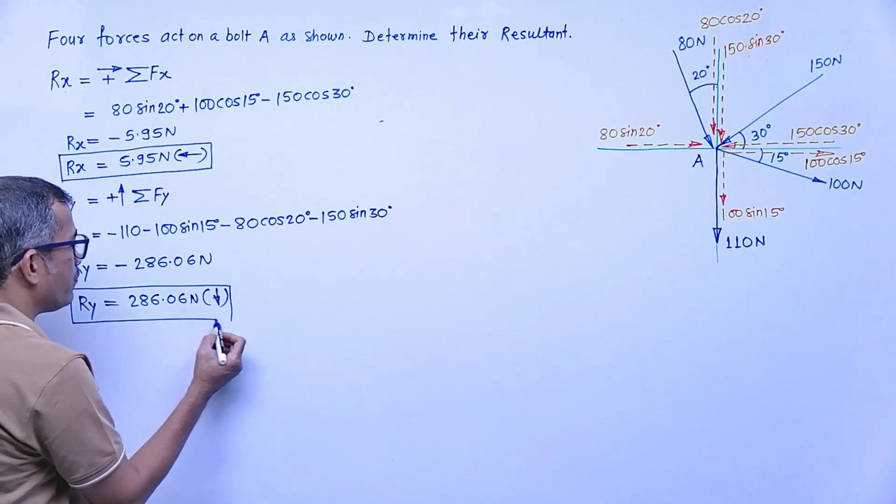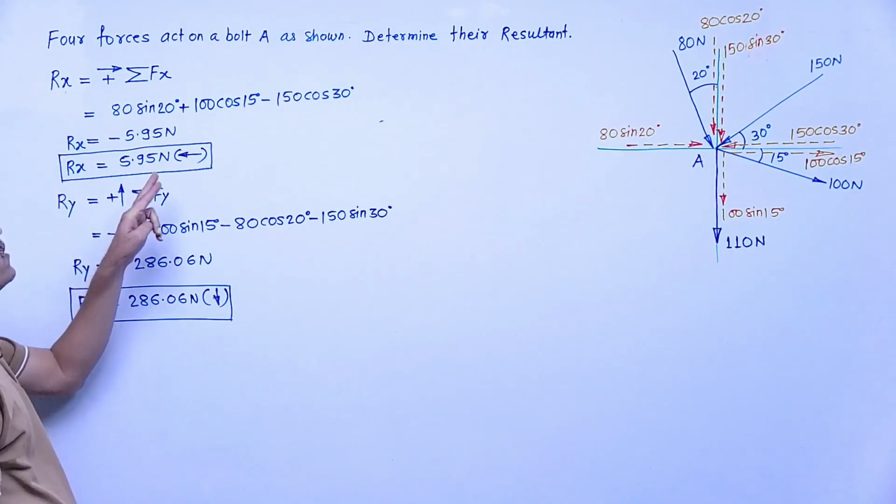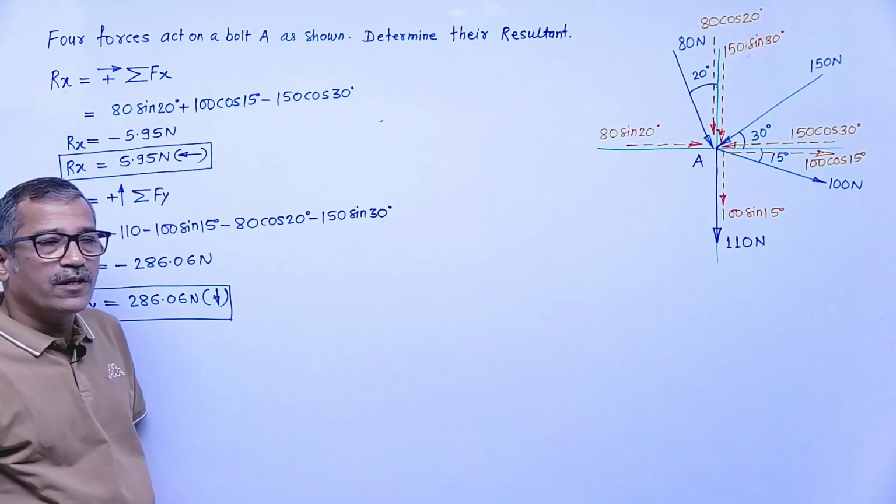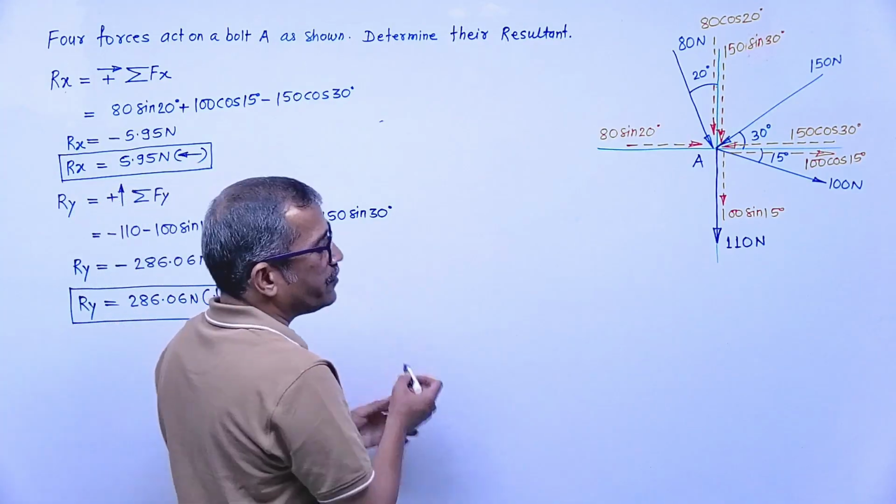Now that you have Rx and Ry, the next step is to represent the quadrant. Rx is leftward and Ry is downward. Leftward and downward means which quadrant?